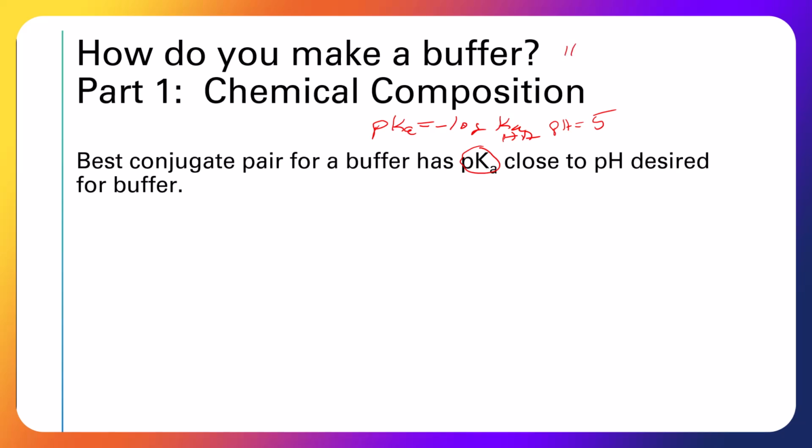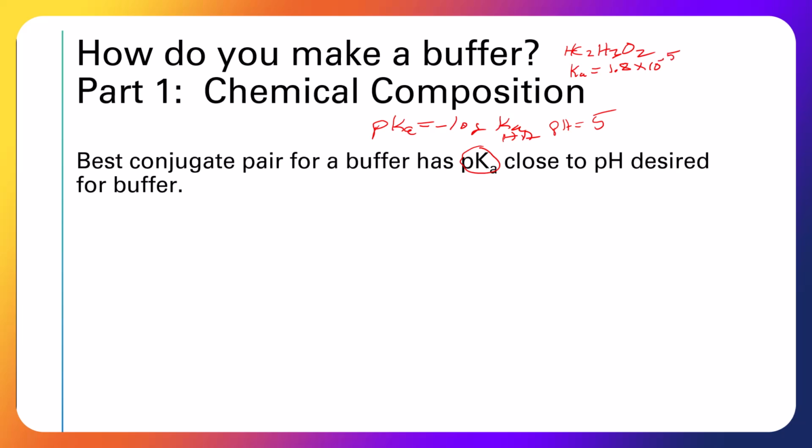HC2H3O2, acetic acid, has a Ka that's equal to 1.8 times 10 to the minus 5.